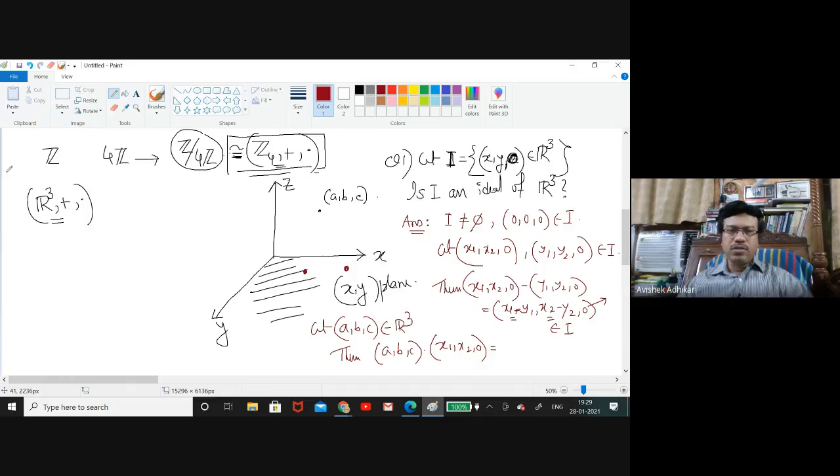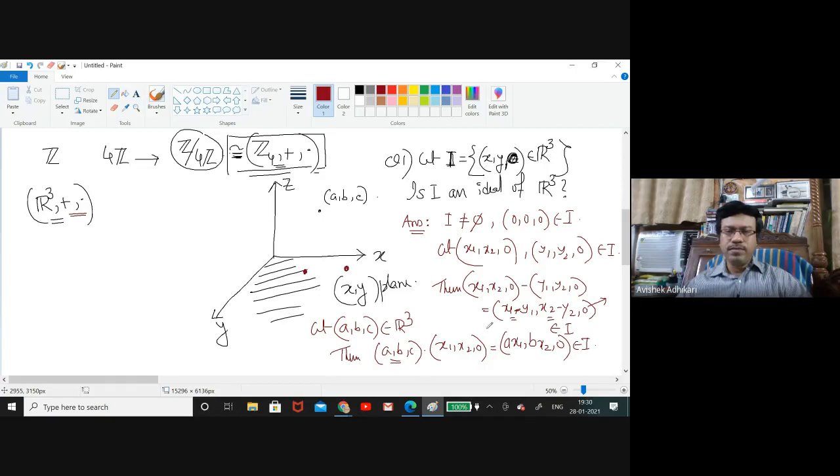So we get (a x1, b x2, 0), which is also in I. This is a commutative ring, so checking from the left is sufficient. So this is a left ideal, and since this is a commutative ring, it is also a right ideal. As a result, I is an ideal of R3.